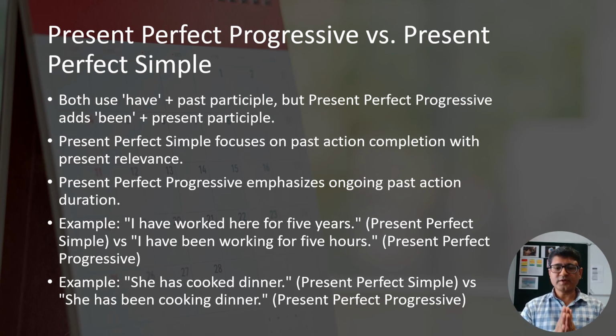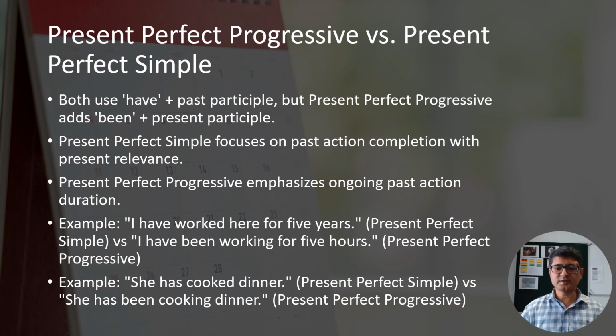Present perfect simple focuses on past action completion with present relevance. So any action that started in the past, completed in the past, but it has relevance, it has connectivity with the present, right? Present perfect progressive tense, on the other hand, emphasizes ongoing past action duration.